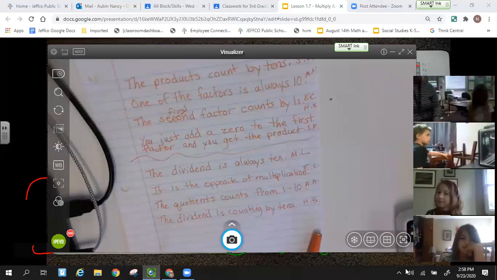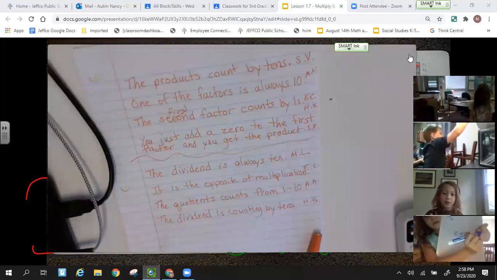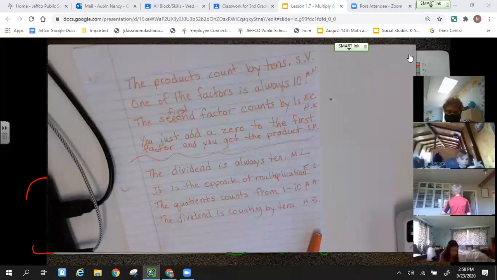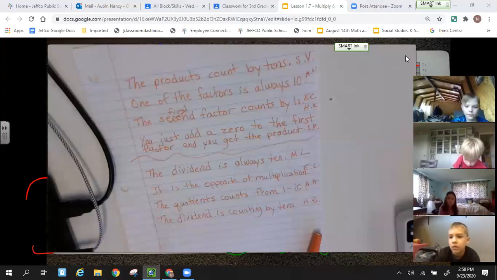10. 50 divided by 10 is? Good job, Clara. Jensen, can you unmute and tell us? 50 divided by 10. How many? On your board. I see Evie, 70 divided by 10.